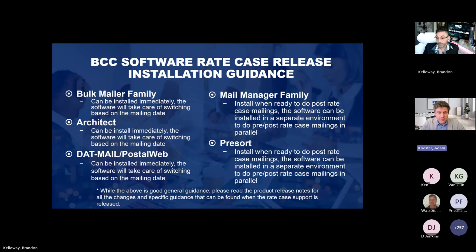And again, that's all just general guidance. Make sure you're always reading the release notes, paying attention to notifications and the release emails that we do send out, to make sure that if there's any additional guidance or additional specific requirements for any of those rate case releases, you're paying attention to those as well.